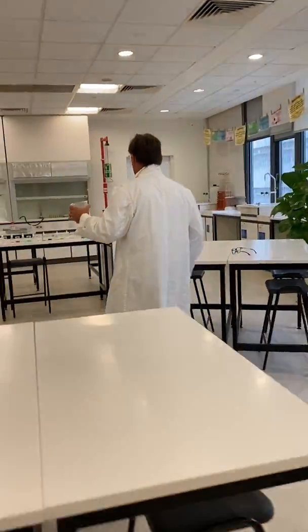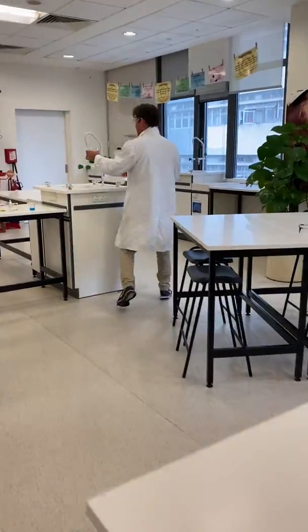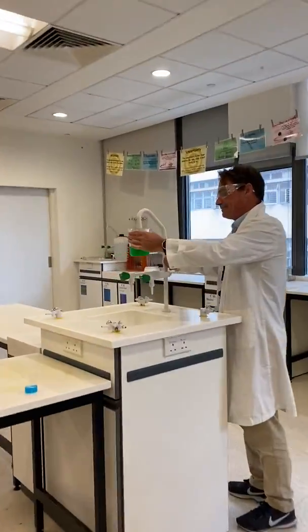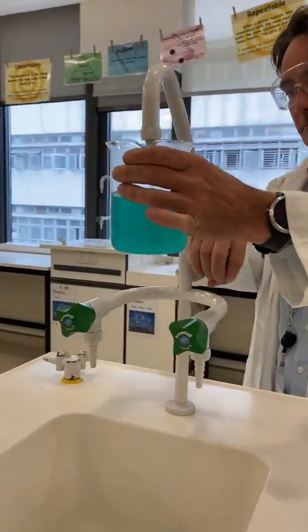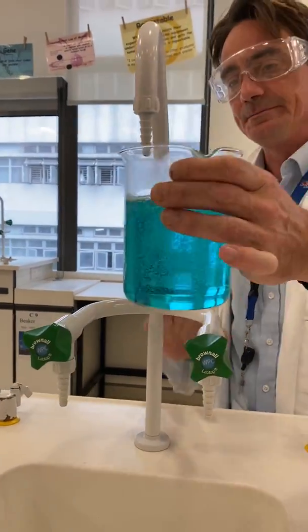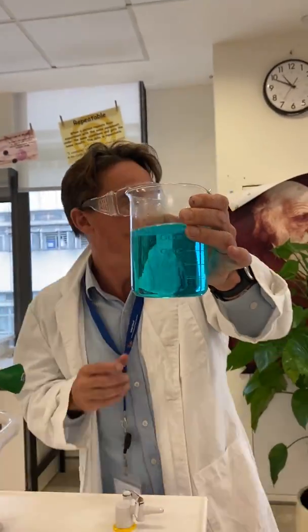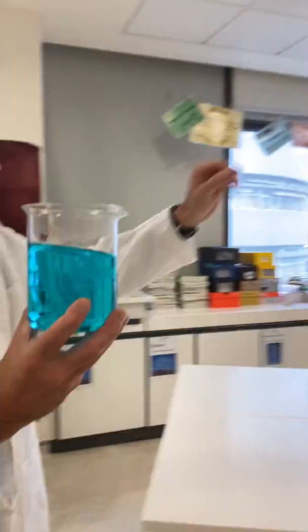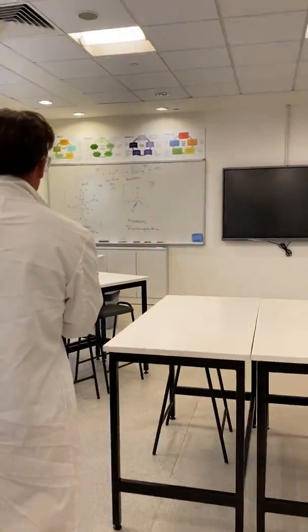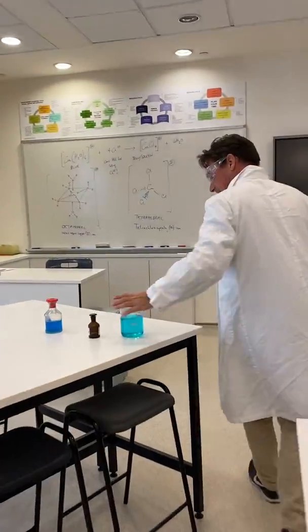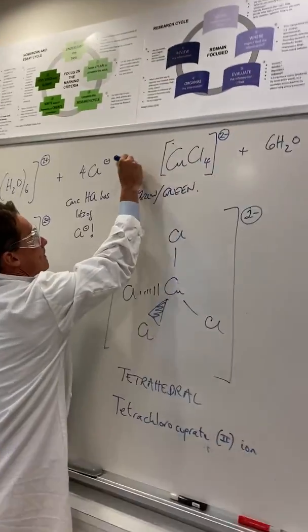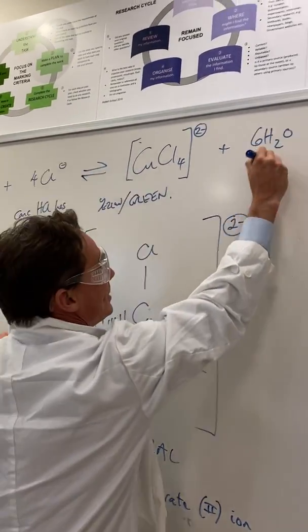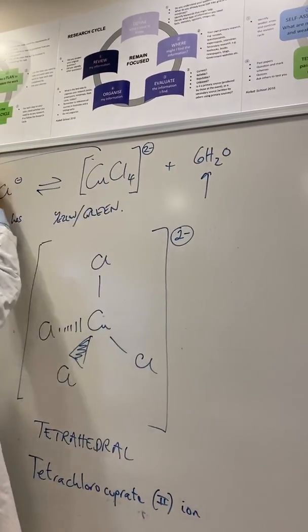So if I now go over here to the tap, look, and I add water, bingo. All I've done is I've pushed the equilibrium. If we imagine this reaction now as an equilibrium, it's gone back to being blue, and all I've done is I've added loads of water and I've pushed the equilibrium back this way.